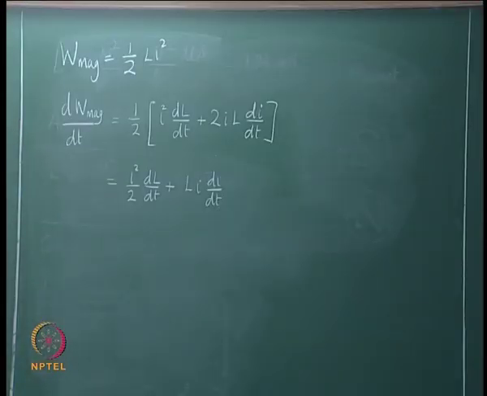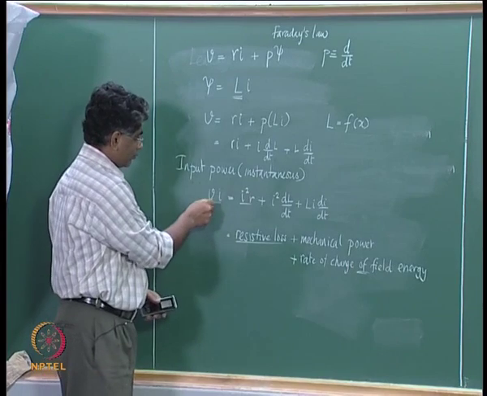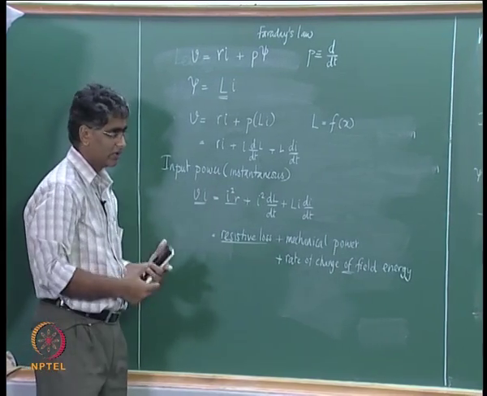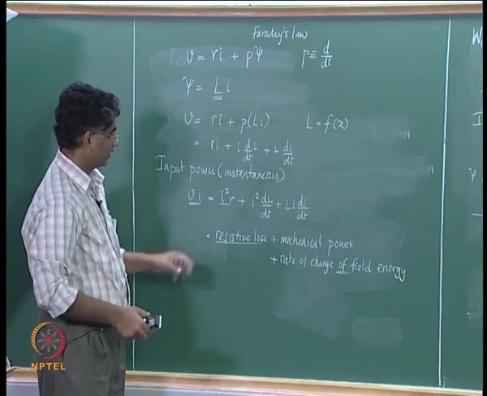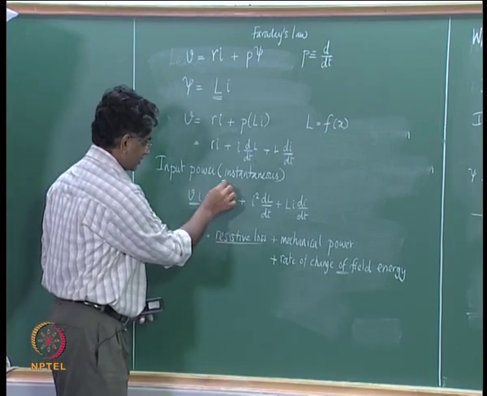Now let us compare that with this expression. In this expression we have seen that the input Vi, that is the total electrical power that is input, is equal to the resistive loss, and we have identified what the resistive loss is.